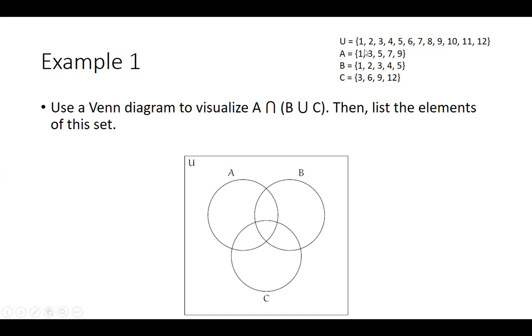Rather than just play with the numbers, we're going to visualize A intersection the union of B and C on the Venn diagram first. And that'll help us figure out which elements we want.